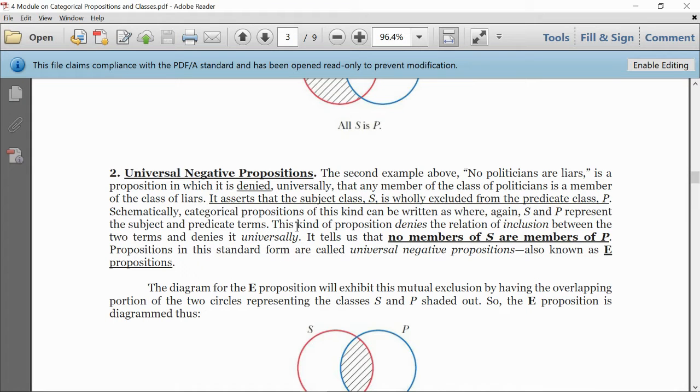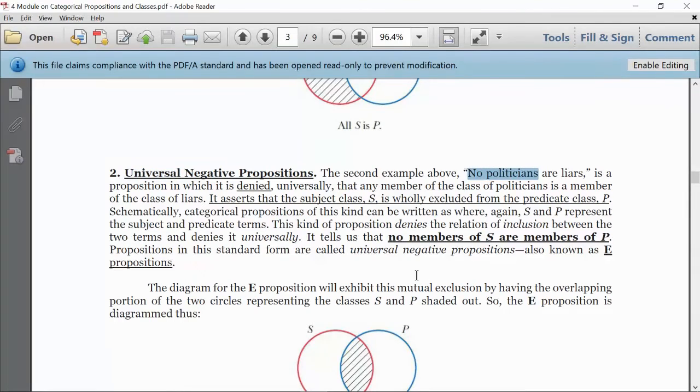So schematically, categorical propositions of this kind can be written as where, again, S and P represent the subject and predicate terms. This kind of proposition denies the relation of inclusion between the two terms and denies it universally. In other words, all politicians are not liars.